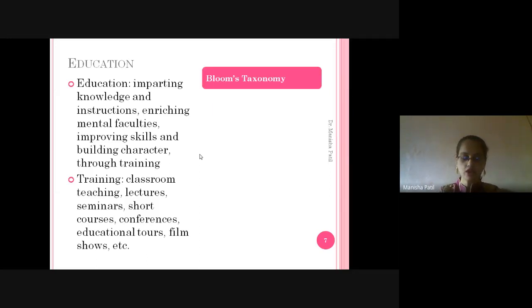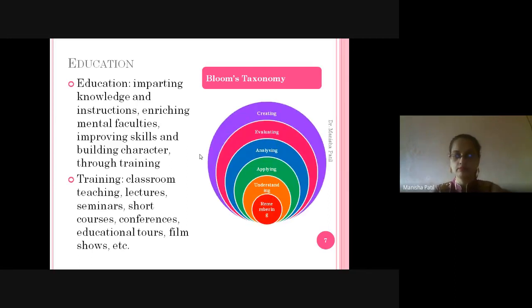Now, when we talk about education, there is one very important term that is known as Bloom's taxonomy. Now we'll see what it is. First, you have the stage of remembering, the smallest circle, remembering. Next, understanding.